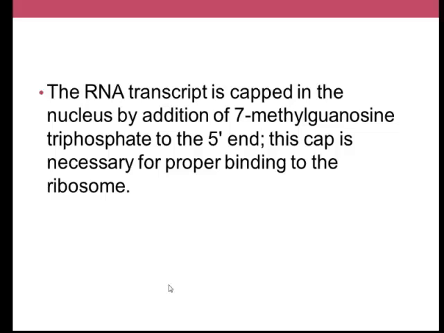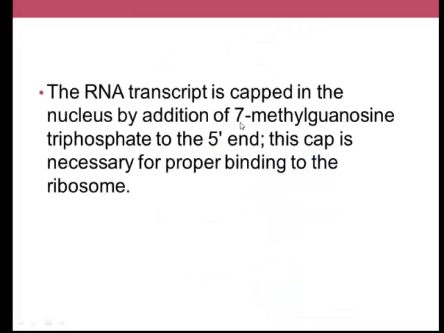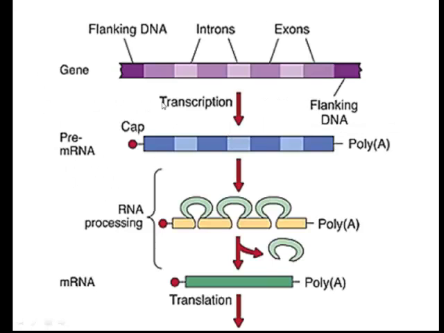So this cap, you can see here, is composed of 7-methylguanosine triphosphate, and it's present at the 5' end. So this is the 5' end of mRNA.